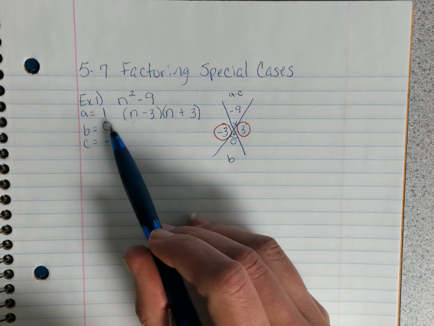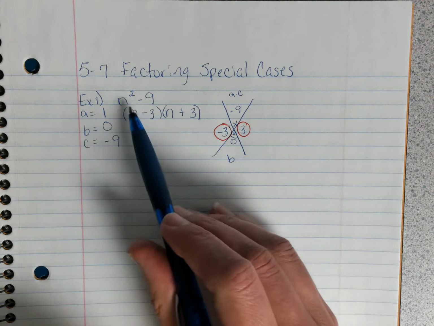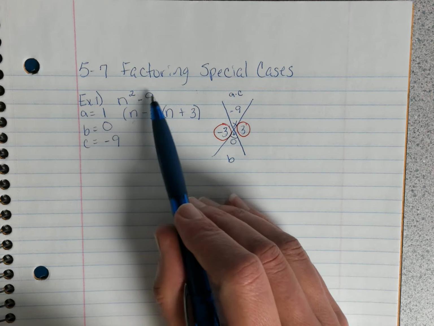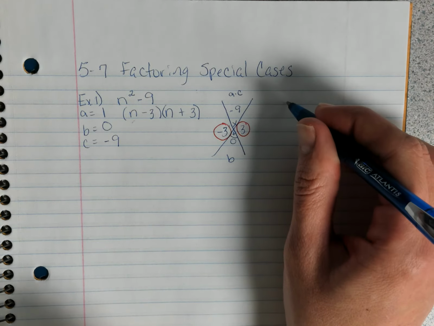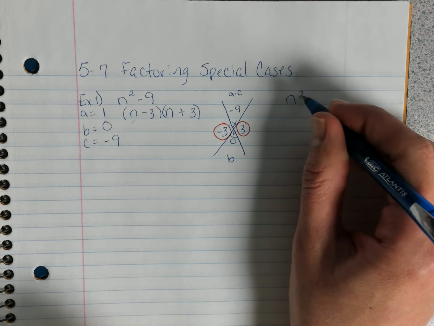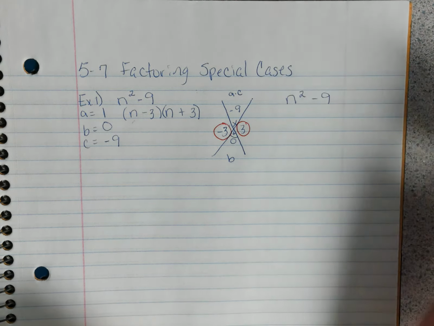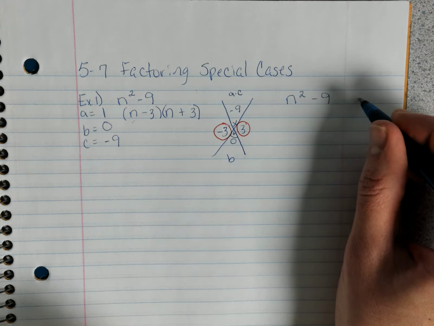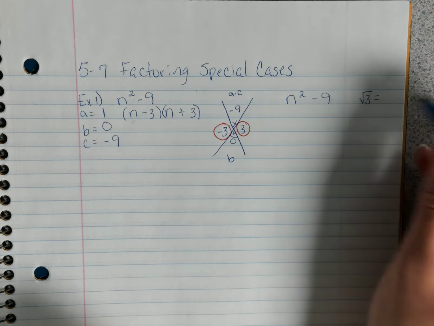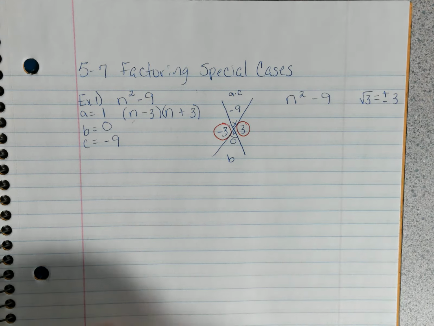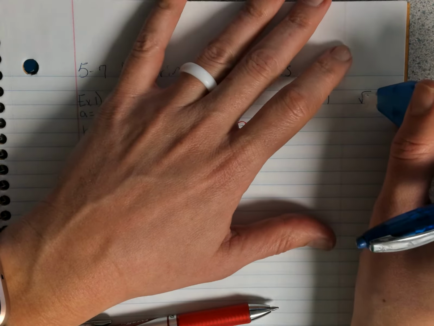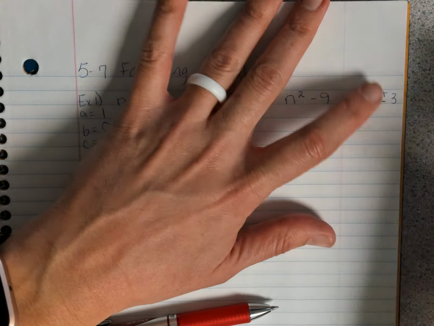And in order to get 0 for the middle term, so anytime you're missing the middle term, and this is a perfect square, there is a shortcut. Let me show you how it works. All you do is you take the square root of 9, and the square root is always either a positive or a negative answer.